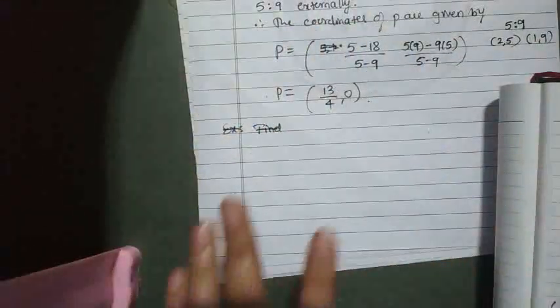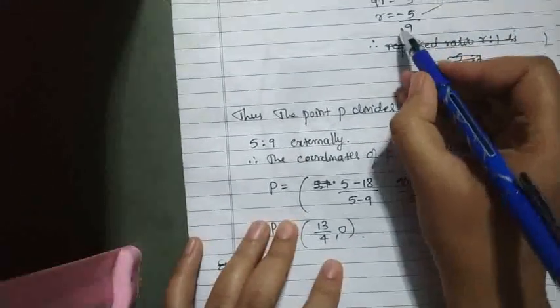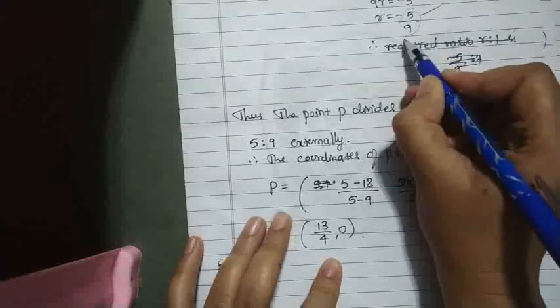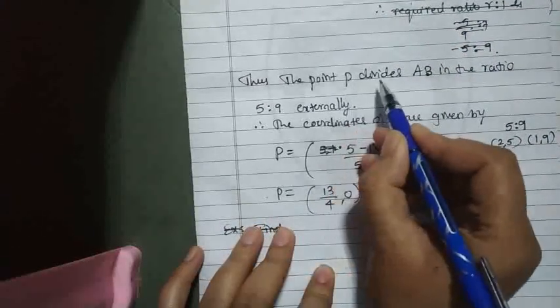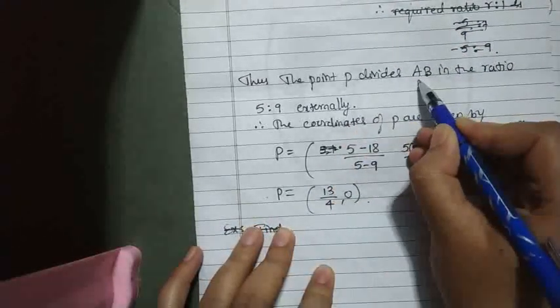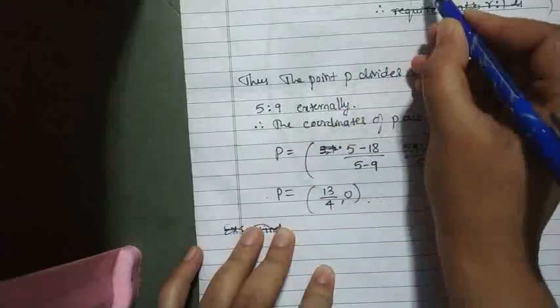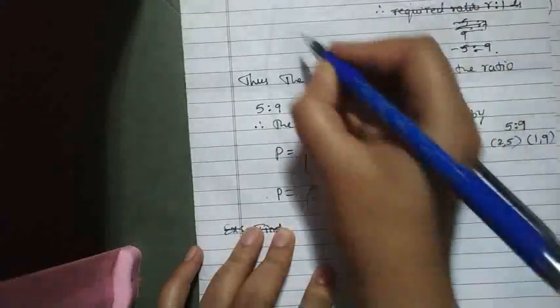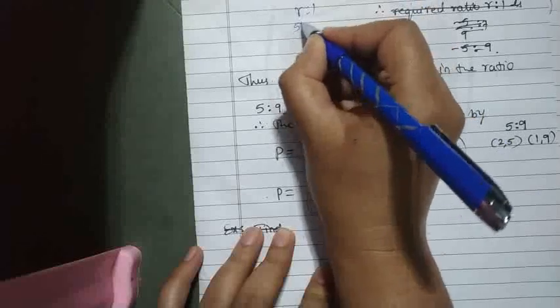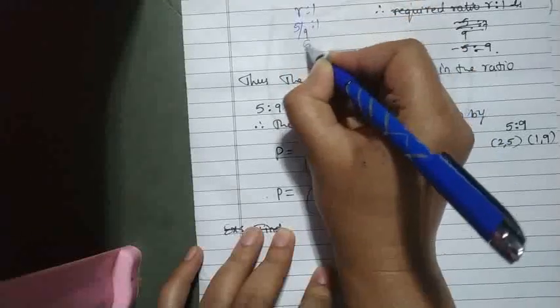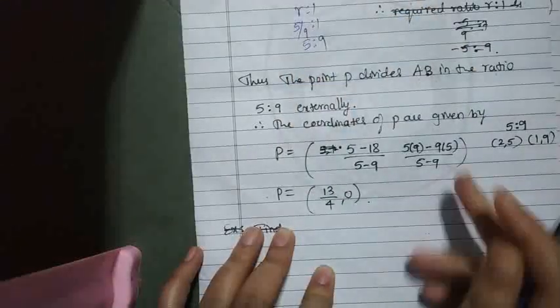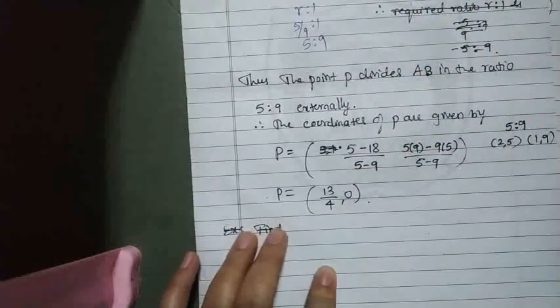That is, r is to 1, 5 by 9 is to 1, which is 5:9. Since it is negative, therefore it is external division.